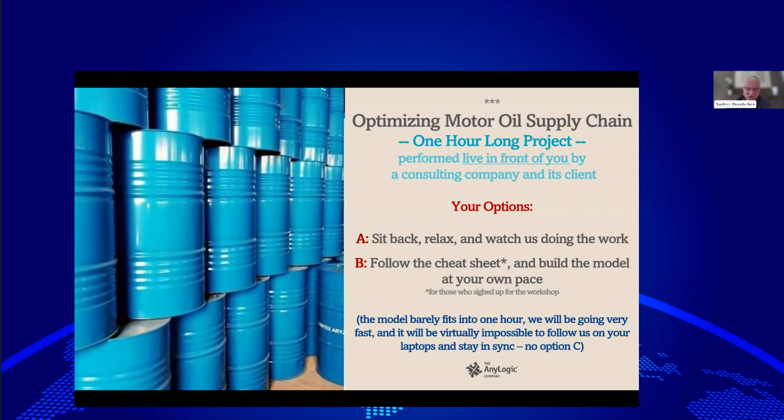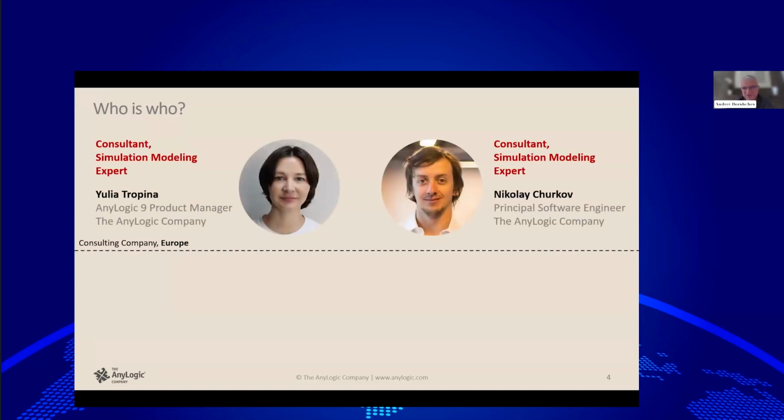Okay, so the project will be about optimizing the motor oil supply chain, and who's who. We have a consulting company operating out of Europe, represented today by two simulation modeling experts, Yulia Tropina and Nikolai Churkov, working from two different locations in Europe.